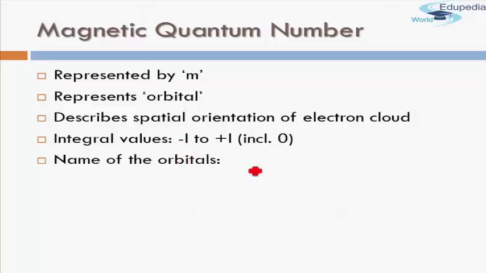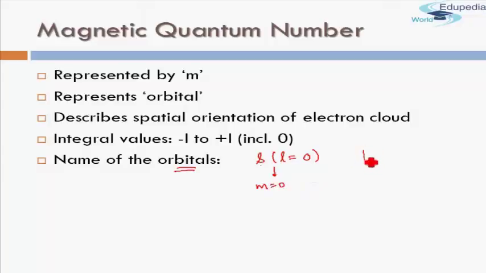Now, names of the orbitals. The names of the orbitals are a bit tricky, and we'll look into those in a different lecture entirely. For a particular subshell, for example the subshell s, s has L value of 0, so it will have m value of 0 as well. Only one value, so we don't need a different name for this.